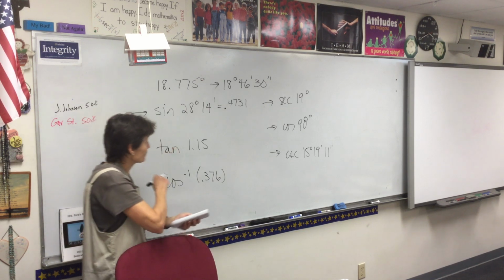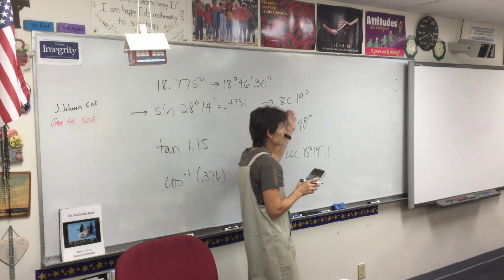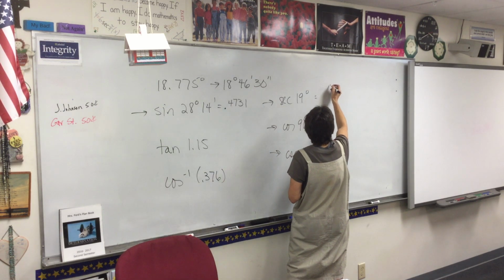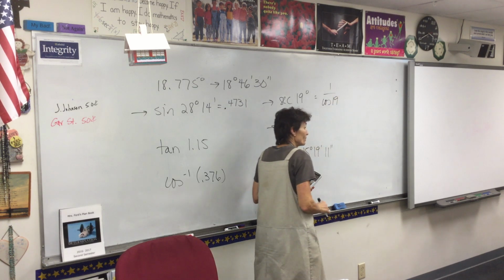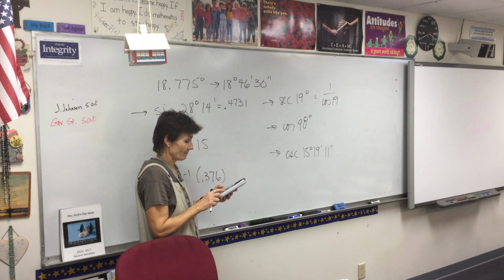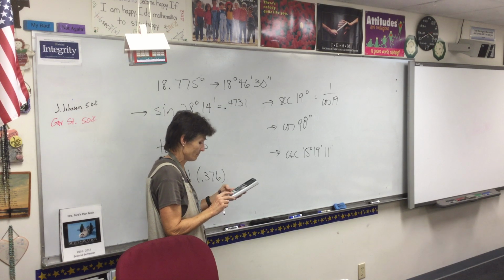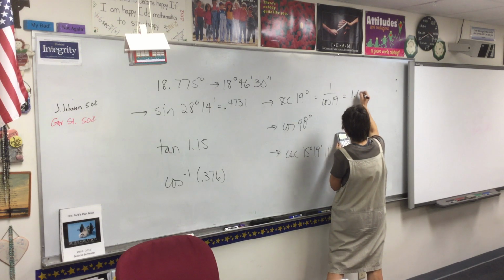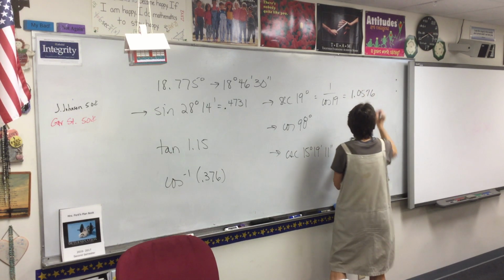All right, now we're coming over here. Secant 19. How do I put a secant into my calculator? 1 divided by cosine. That's the only way. Please don't do anything different. Secant is 1 divided by cosine. So 1 divided by cosine 19, and that is 1.0576.